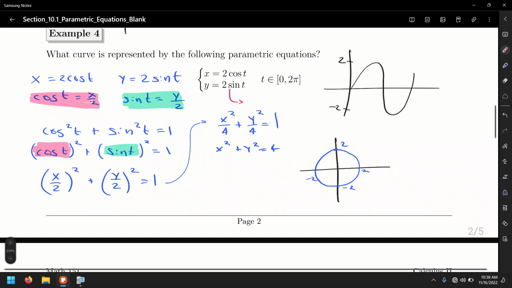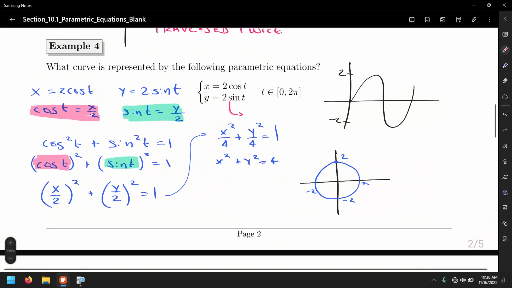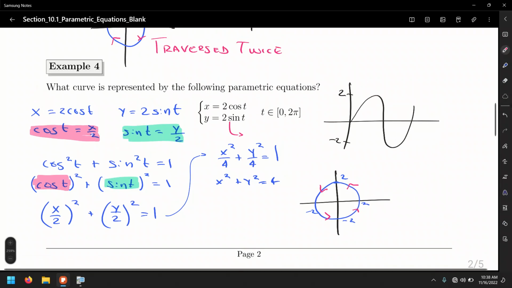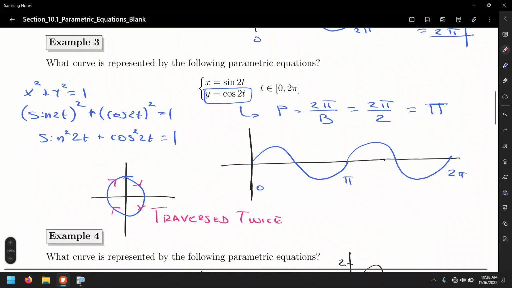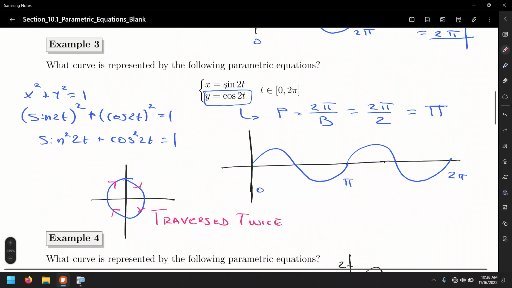Counterclockwise. How do we know it's counterclockwise? The x is cosine, right? That's one way to relate which direction this is going to go. Because notice it's like the previous example. Example number 3 had the x to be the sine and y to be cosine, and the functions were reversed. In that case, that's the reason why it went in the opposite direction, the clockwise direction.